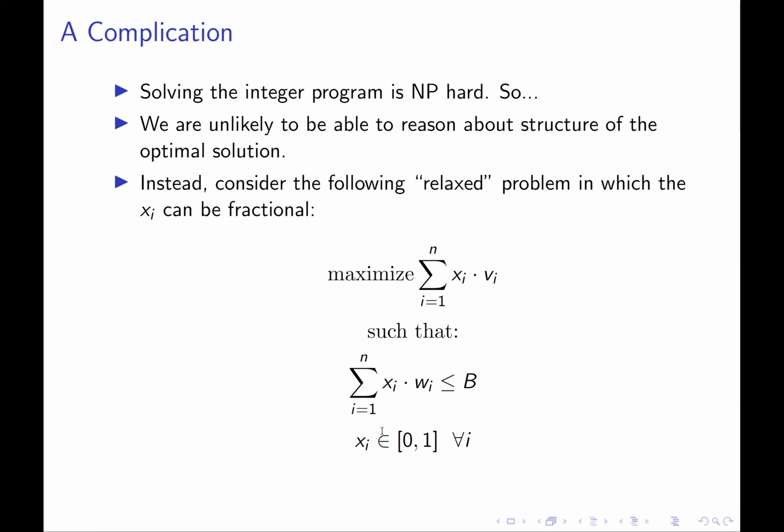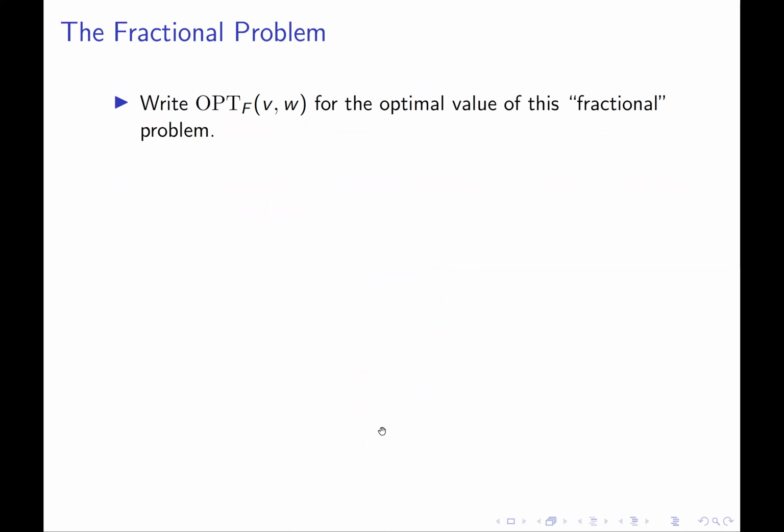But there's something deep going on here, which is that we're switching from a computationally hard problem to a computationally easy problem because we want structure. Computationally easy problems have structured solutions. Computationally hard problems do not. Okay. So this is a different problem. It's the fractional knapsack problem. It's not the original problem we cared about, which we'll call the integer knapsack problem.